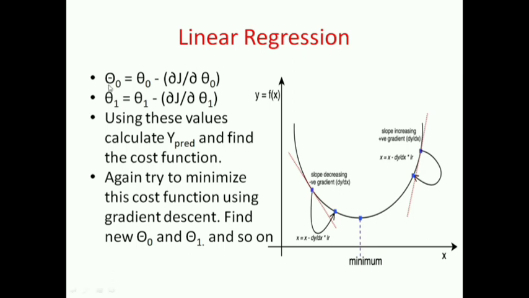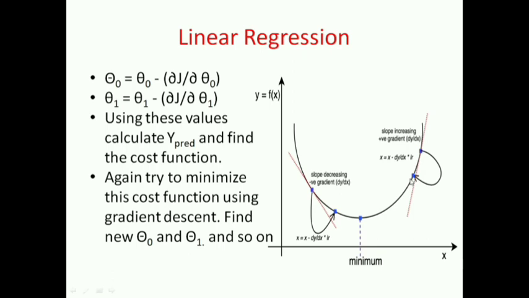Suppose we want to update our theta to some optimum value. What you do is use this equation: theta naught is equal to theta naught minus this gradient. If our initial guess is on the right side, this gradient will be positive. And from this equation, theta naught is equal to theta naught minus some positive value. So the value of theta naught will be updated and will move to the left side.